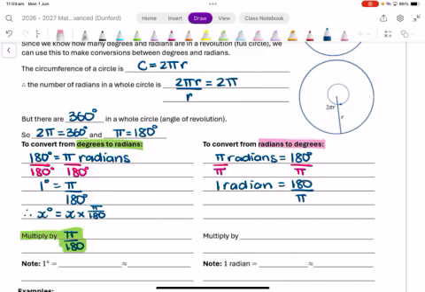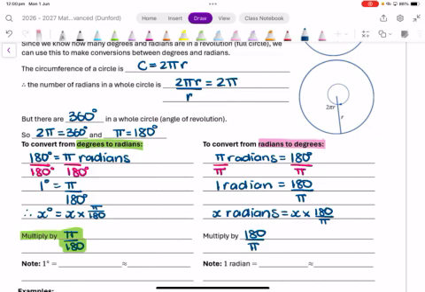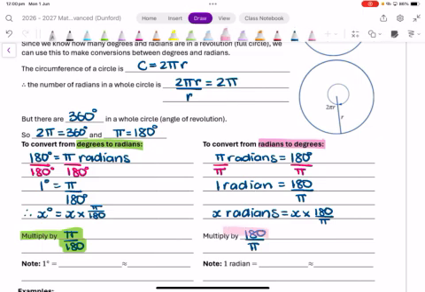So to get x radians, all we do is multiply x by 180 over pi. Okay, so we multiply by 180 over pi. So whatever we're trying to get to is on our numerator, and whatever we're coming from is on our denominator.